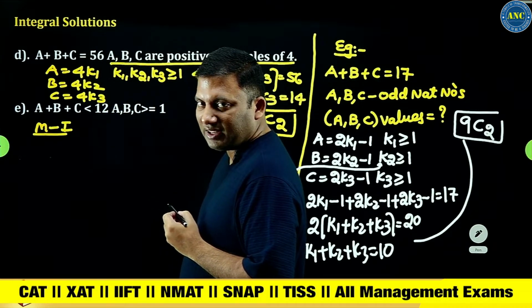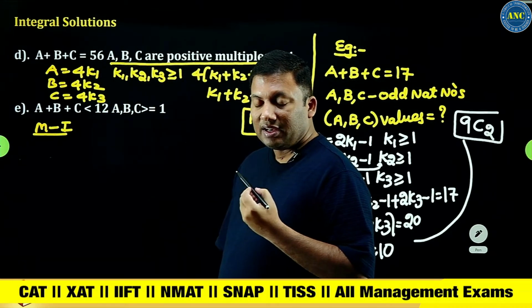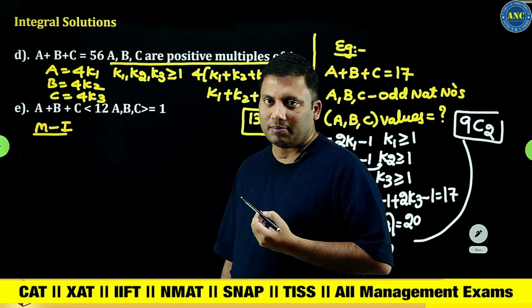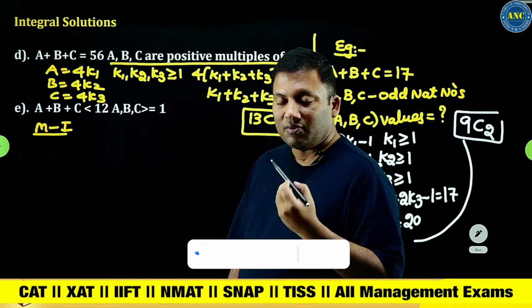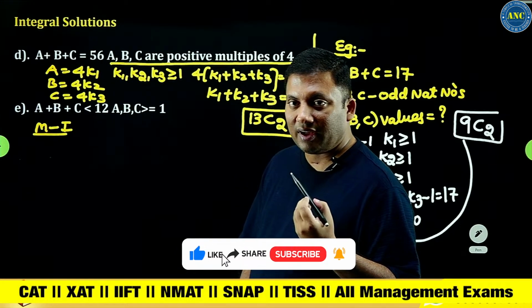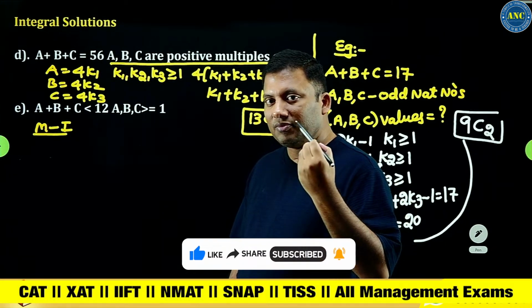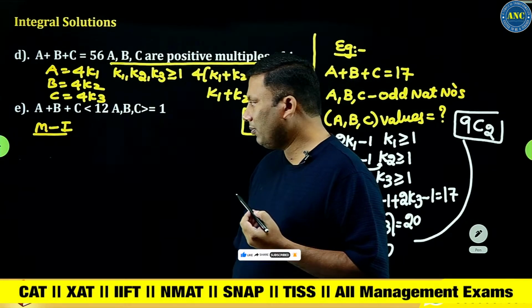A plus B plus C is less than 12. Less than 12 means what? A, B, C are natural numbers. What is the natural number less than 12? 11. That means A plus B plus C has maximum value 11. What is the minimum value?